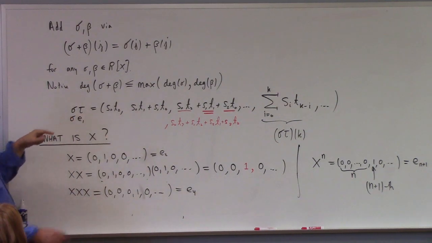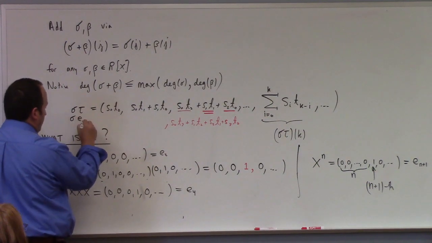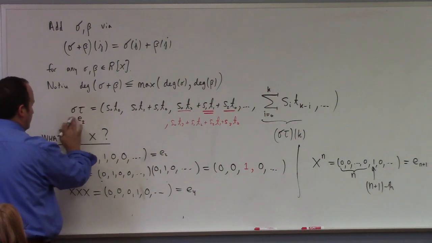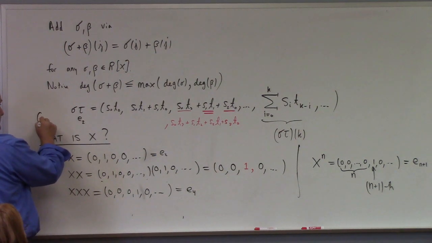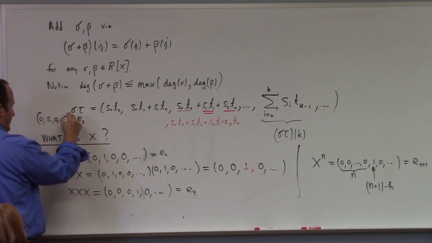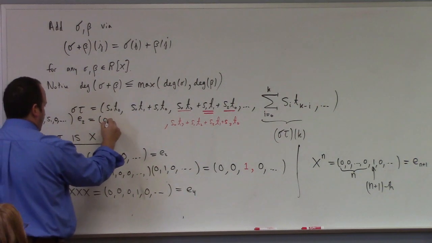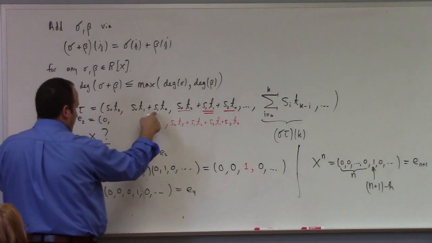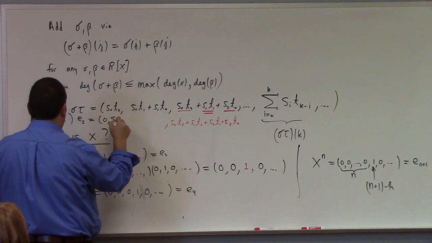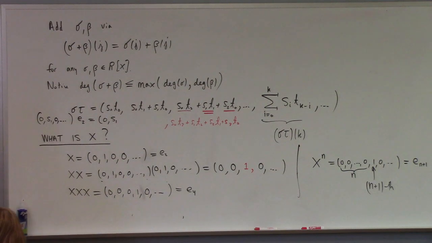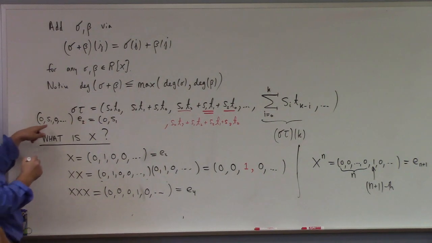If I multiply by E2, then what happens if my sigma also looks like this? You're going to get this S1 term here, and my E2 has what?